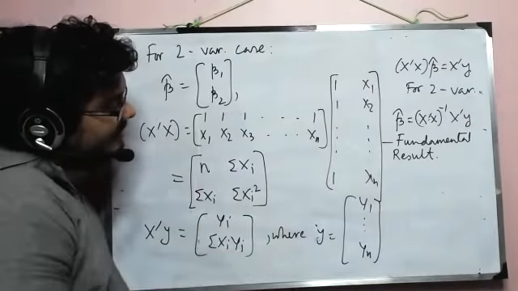Remember that when I'm taking a transpose, the order will just be the opposite. So u and then u transpose. We have X' here, so it will become X, and then (X'X)^{-1}.